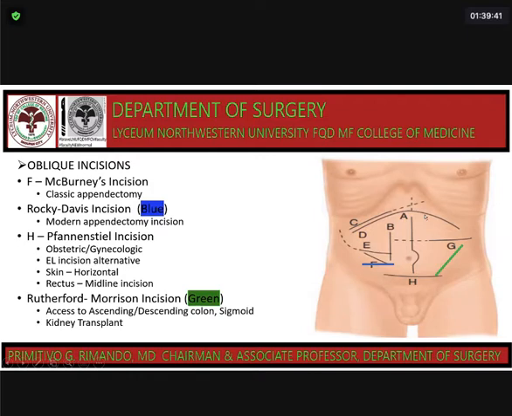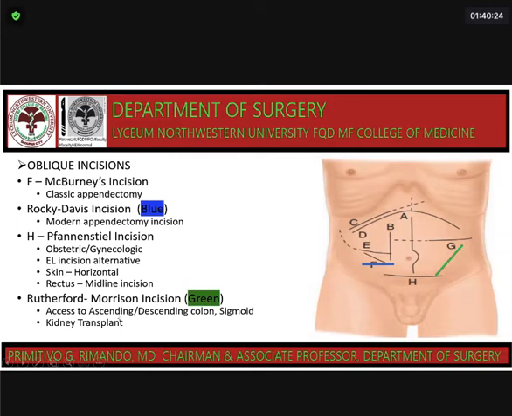In contrast to your subcostal, it's also oblique, and you can use this as an access to the right, to your ascending colon, and to the left, to your descending colon and sigmoid. They also use it for kidney transplant, for the recipient, the patient receiving the donated kidney.